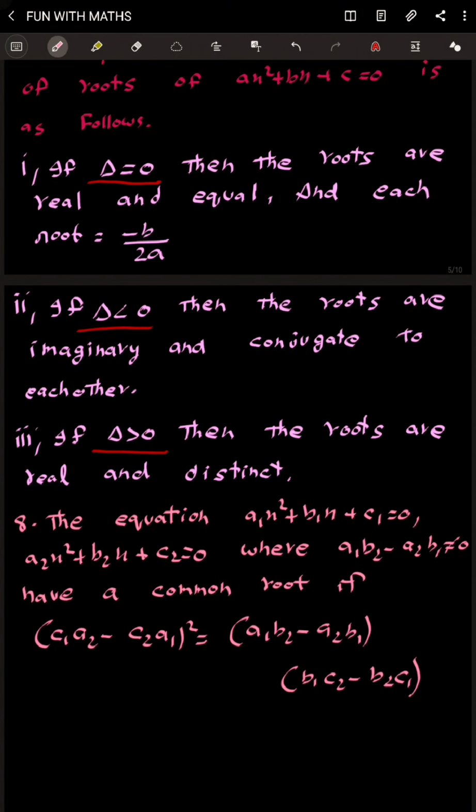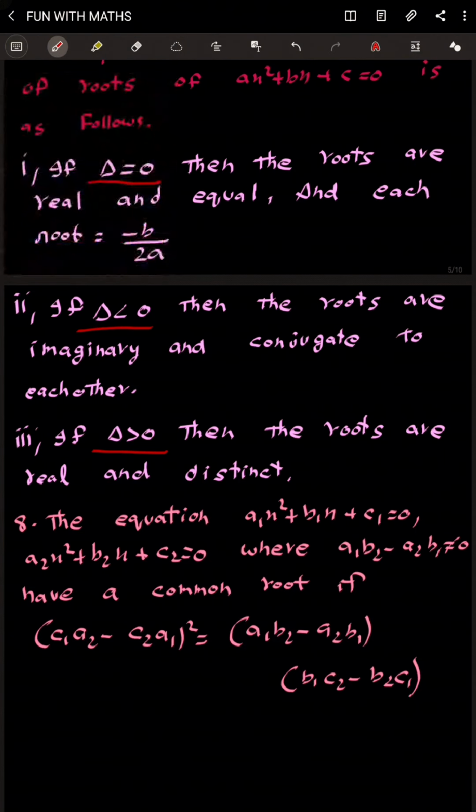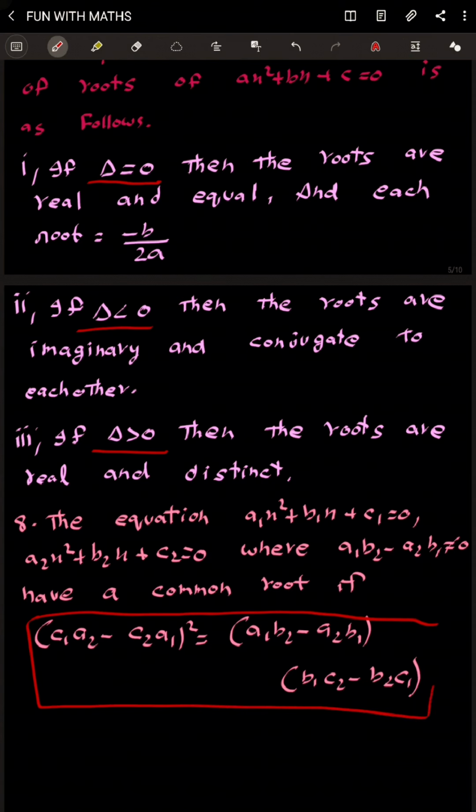So whenever in the question, if they gave two equations and asked common root, then in that case you have to use the formula c1 a2 minus c2 a1 whole square is equal to a1 b2 minus a2 b1 into b1 c2 minus b2 c1.